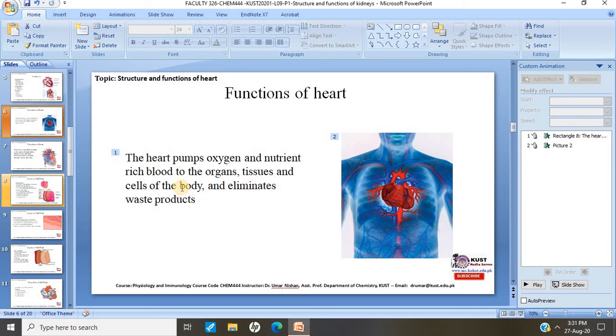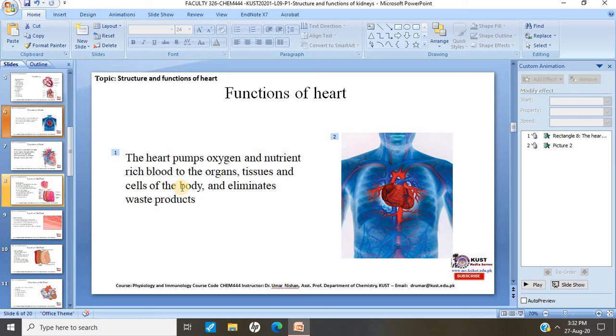And if this pumping action of the heart stops, God forbid, then the existence of life becomes impossible, because the oxygen-rich blood that is present in the tissues and organs is consumed. If the body organs, tissues and cells don't receive fresh oxygenated blood, the body will not be able to function, and it can result in death.